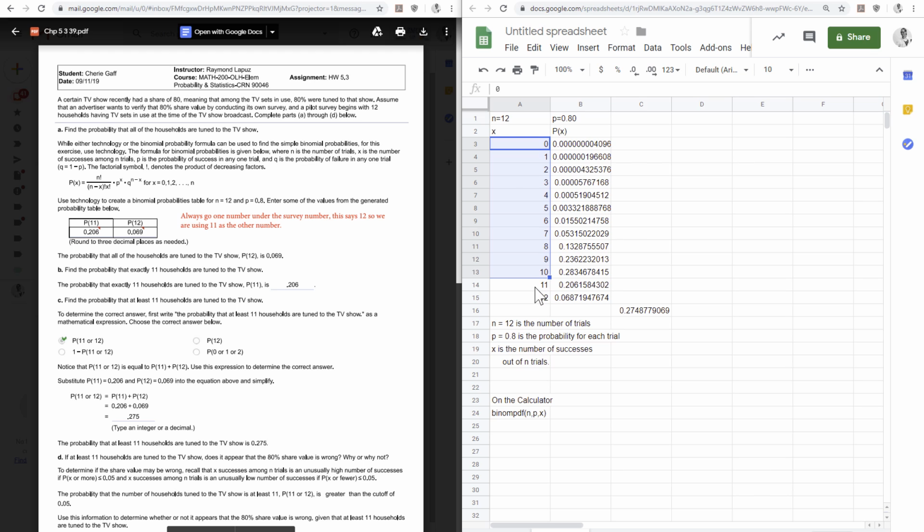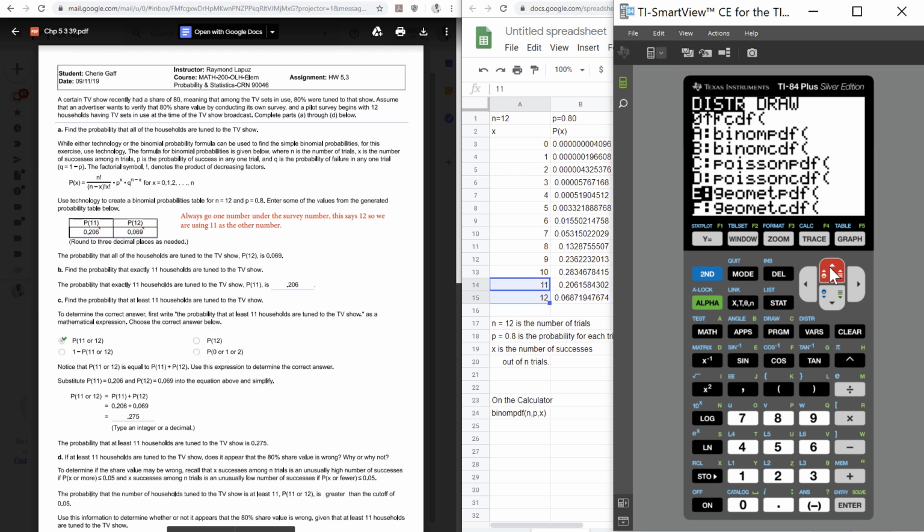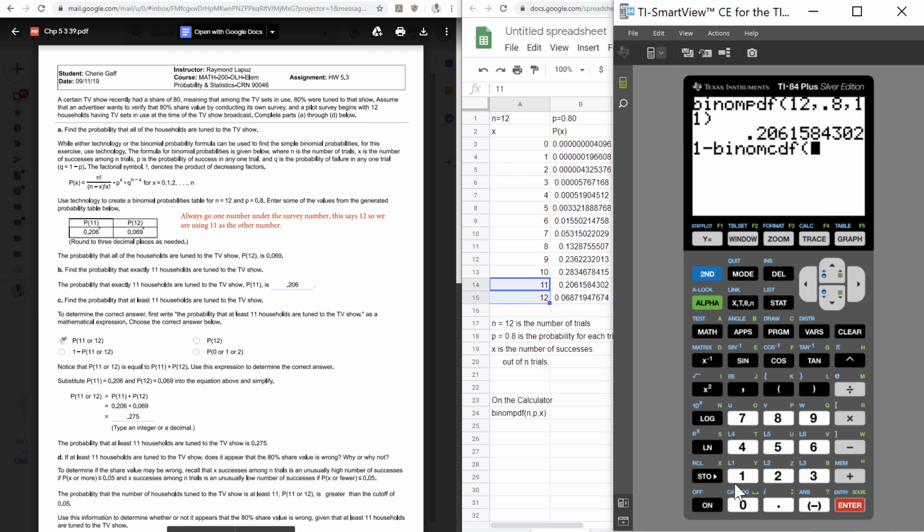And then I want to subtract that from 1 by looking at these two numbers. How would you do that on the graphing calculator? You would say 1 minus the binomial CDF of all the numbers up to 10. So let's go to second function, distributions, and look for the CDF this time, the cumulative distribution.